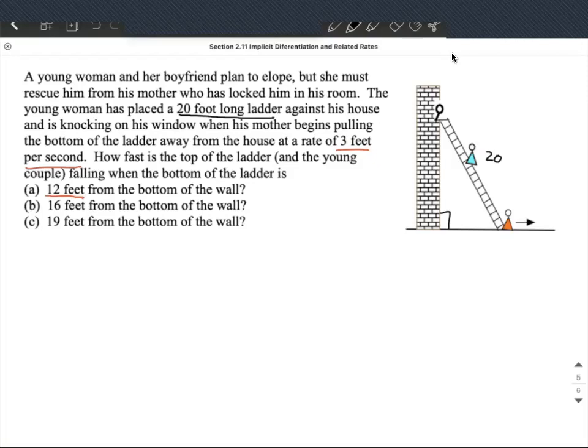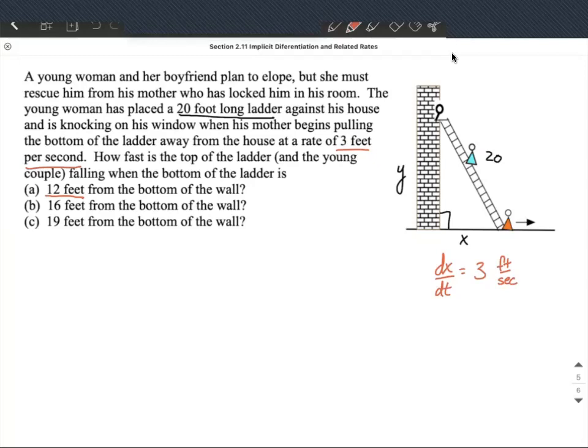I'm going to say x is the horizontal distance going across here, and y is our vertical distance. We are told that the horizontal distance is changing with respect to time at 3 feet per second, and it's increasing because it's being pulled away from the building.